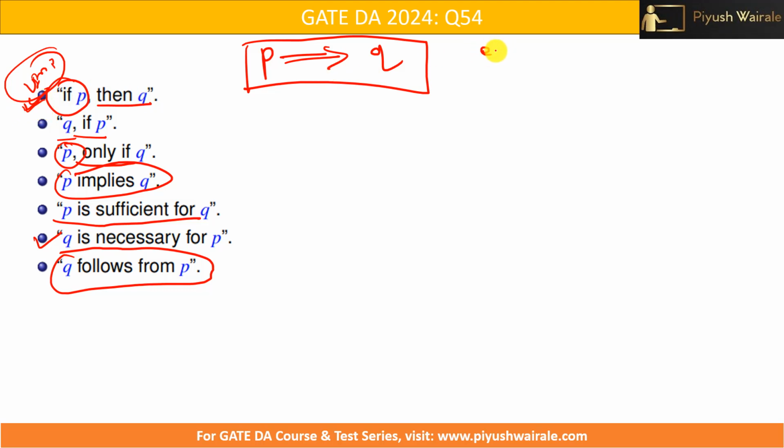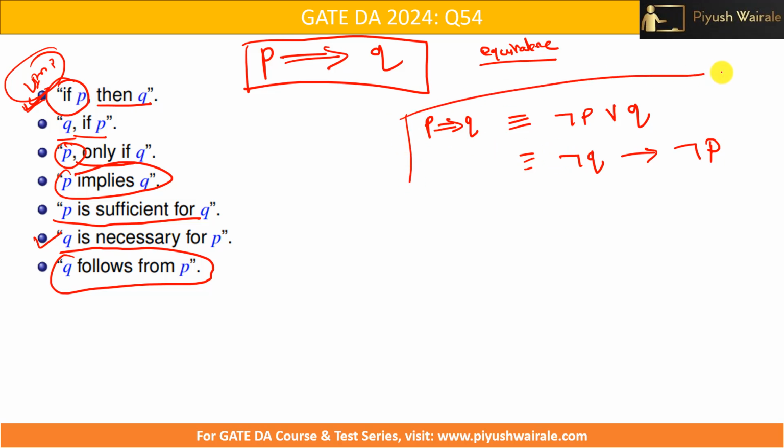Also, you should know the equivalences of P implies Q. P implies Q is equivalent to negation of P or Q. Also, it is equivalent to negation of Q implies negation of P. These are very important properties of implies.